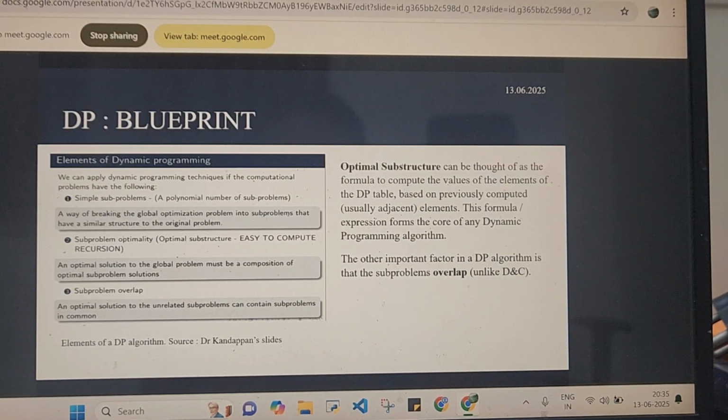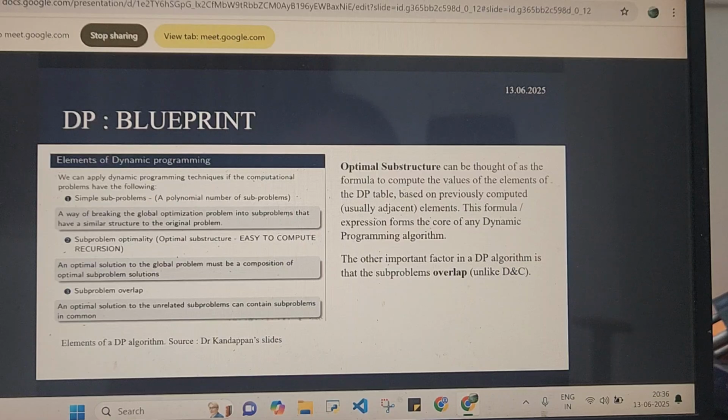As always, we will start by looking at the blueprint of this design paradigm. When you looked at divide and conquer, there was almost a pseudocode-ish blueprint where it had if, while, base case, a recursive call, and all of that. For dynamic programming, it is not that structured, but we can say there are 2 to 3 core elements which are necessary for an algorithm to classify as a DP algorithm.